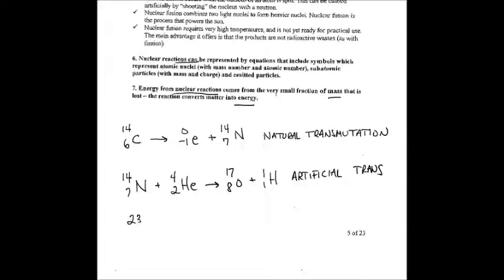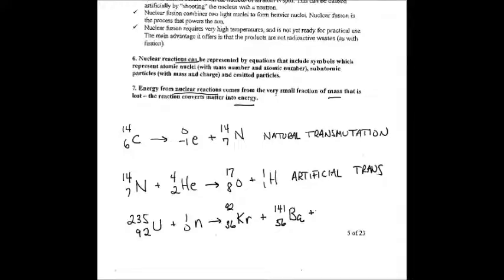If we take uranium-235, atomic number 92, and we hit it with a neutron, it will turn into krypton-92, atomic number 36, plus barium-141, atomic number 56.